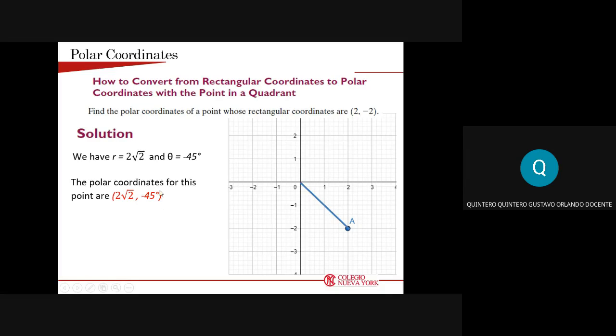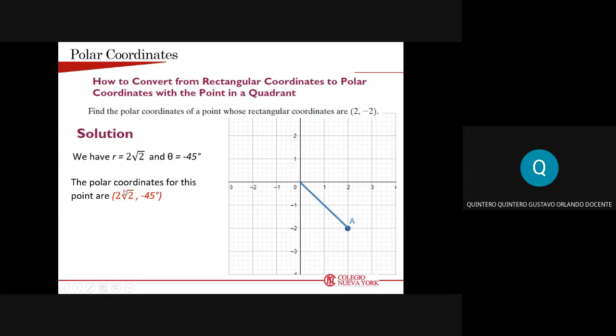Again, don't write r equals something, theta equals something. That is half of the answer. That is the process. But you need to remember how to write down a correct answer. And the answer is written in coordinates. So parentheses, number, comma, number, parentheses.